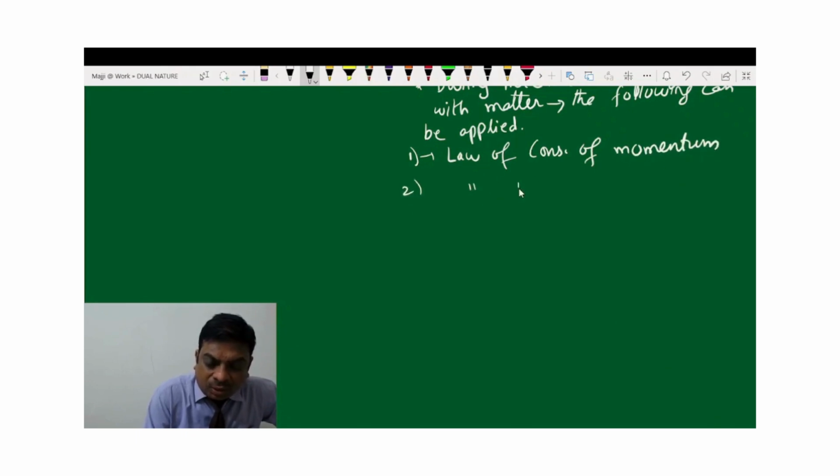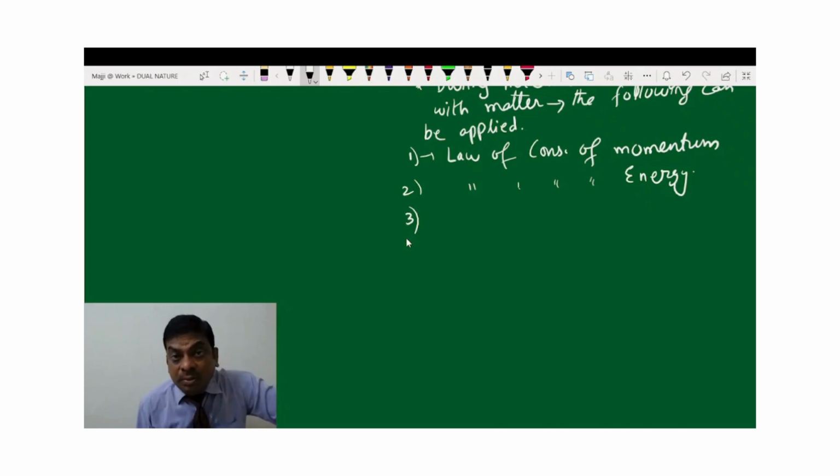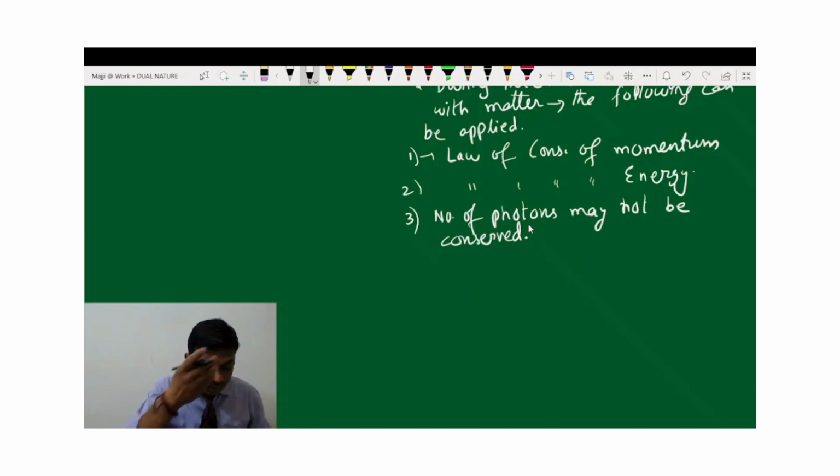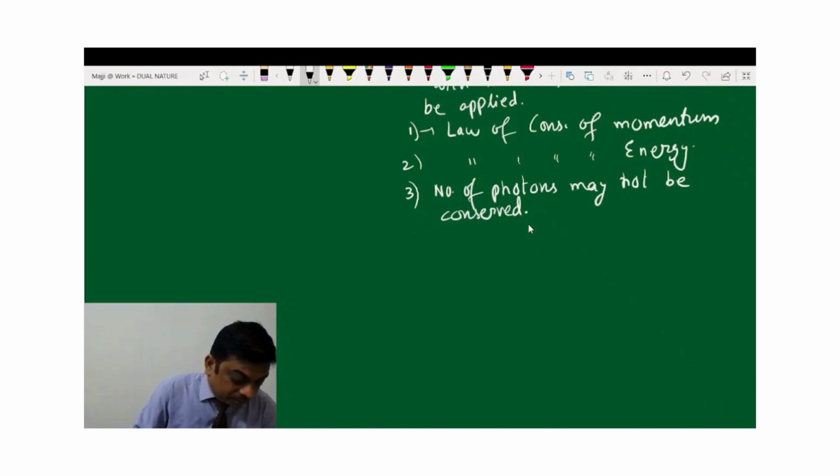The second is the law of conservation of energy. The number of photons may not be conserved, because after all they are energy packets. If they deliver their energy to the particle with which they collide, probably they will disappear altogether. So the number of photons may not be conserved. Students, is that clear? I hope that is making sense, right?